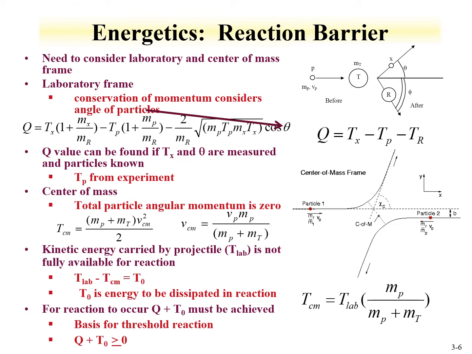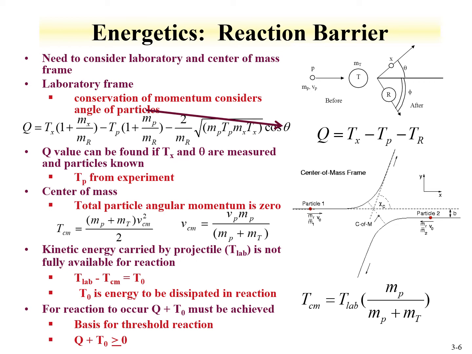And this allows us to evaluate the reaction if we know product information such as the angle at which one of the products comes out of the reaction and its energy. We can find the Q value if that angle and the kinetic energy of X are measured and the particles are known.